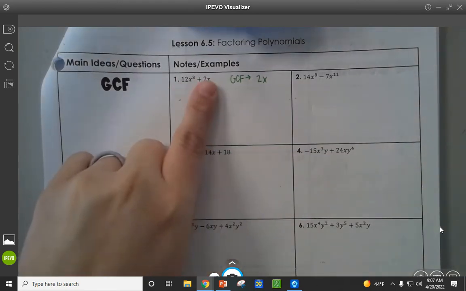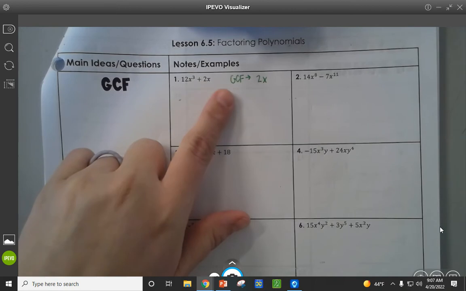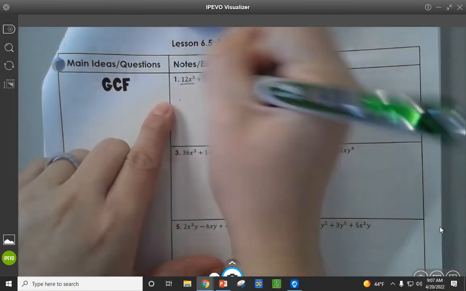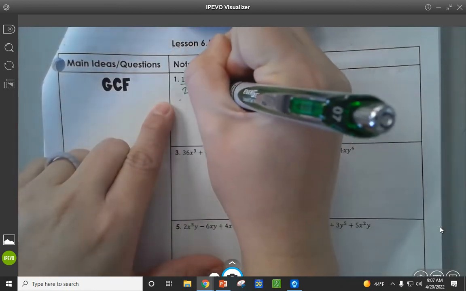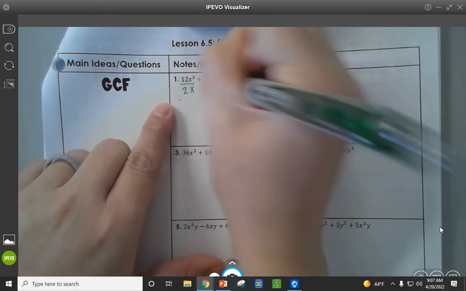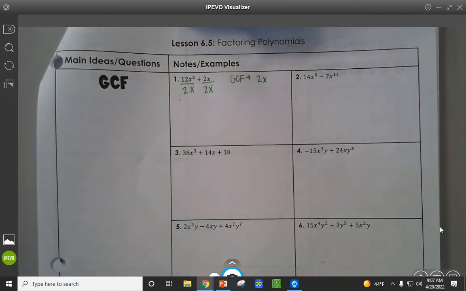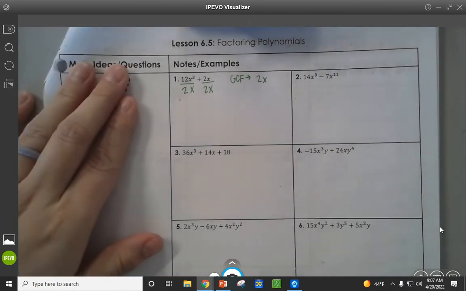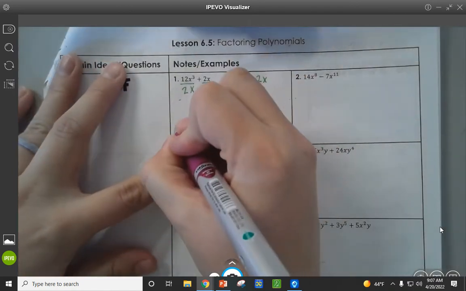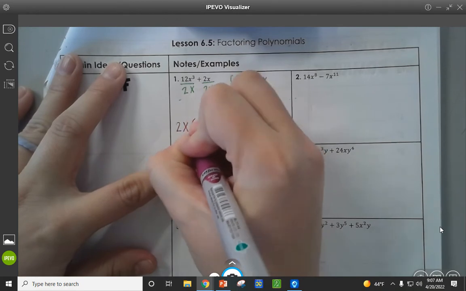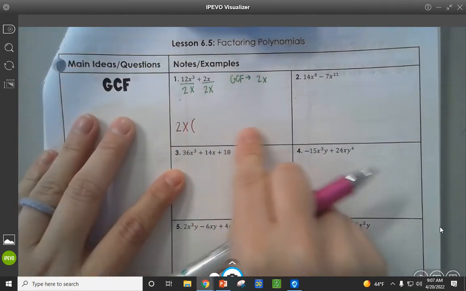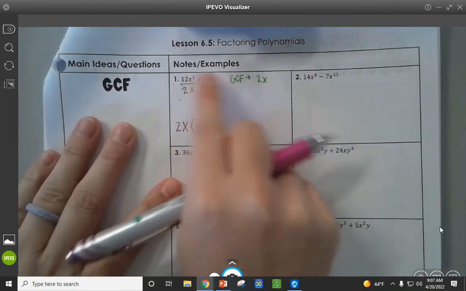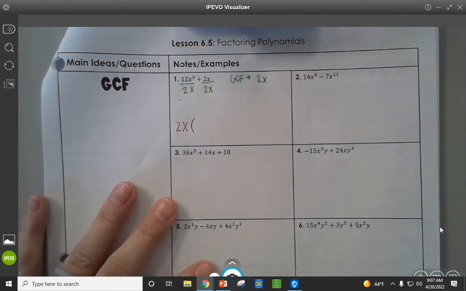So the GCF is 2x. And what we're going to do is divide both of these terms by 2x. And the way we write our answer is by putting the GCF on the outside, and then inside of the parentheses, we put whatever we get when we divide.